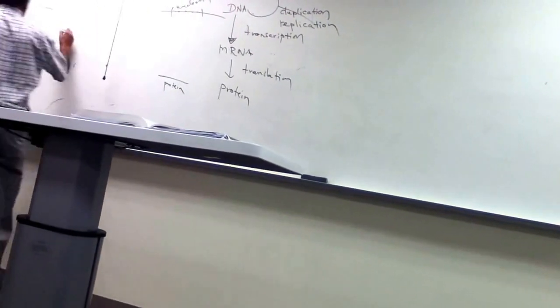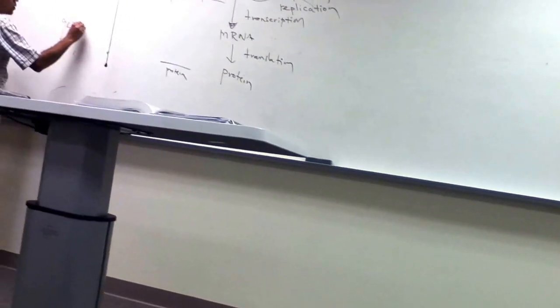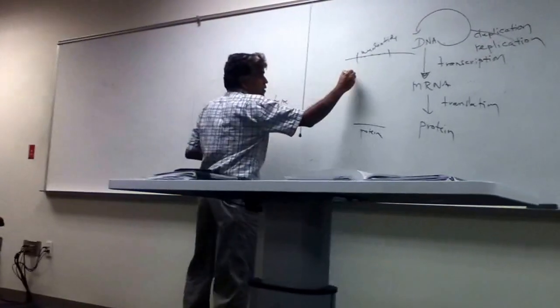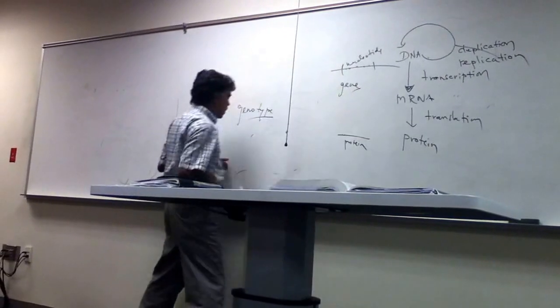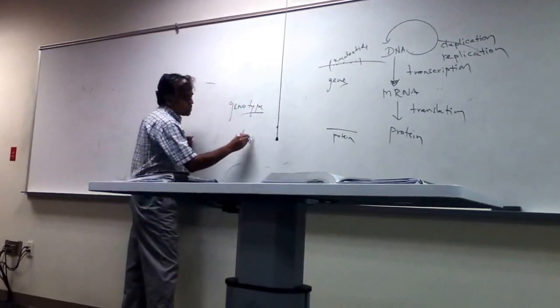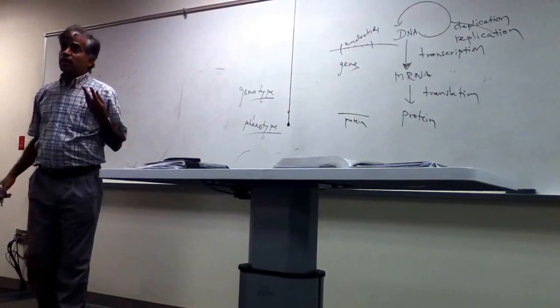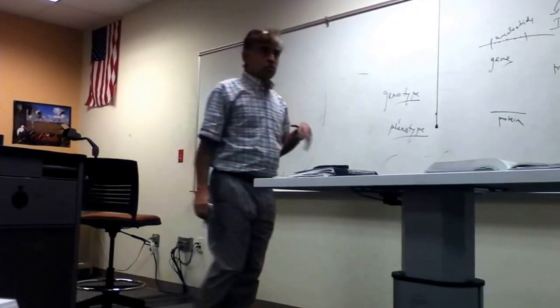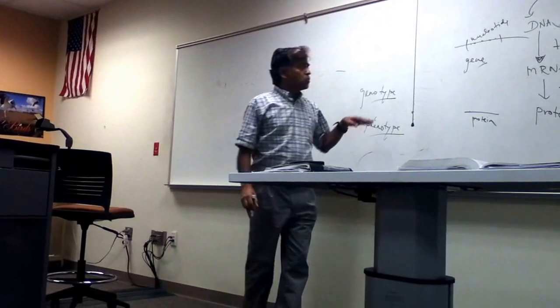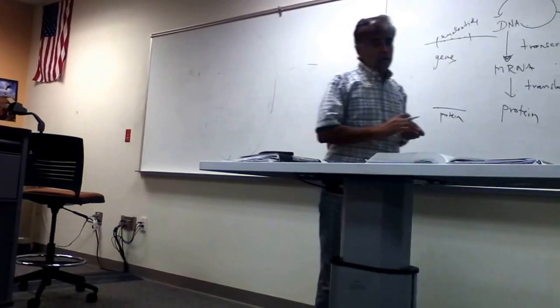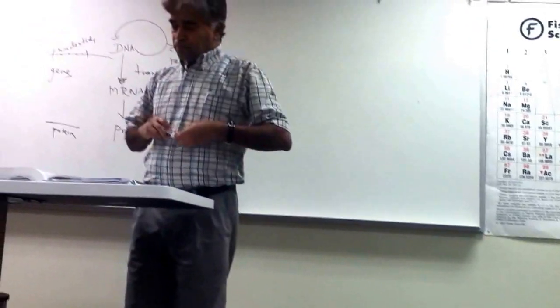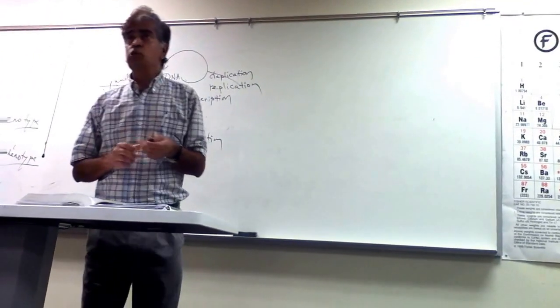So they call genotype and phenotype. Genotype is the gene or genetic makeup. Phenotype is what is being expressed on the outside, what you see as skin color, hair color, eye color, and so on. Okay? So the genes are the sequences of DNA that contain the information to make proteins.